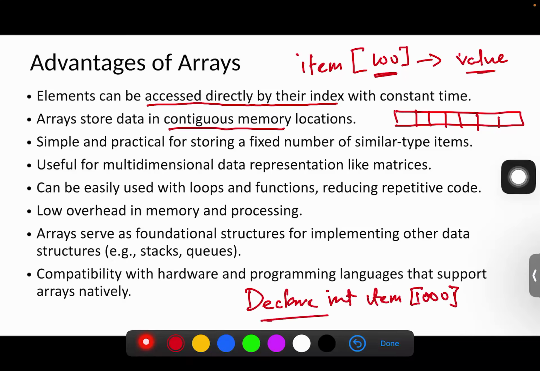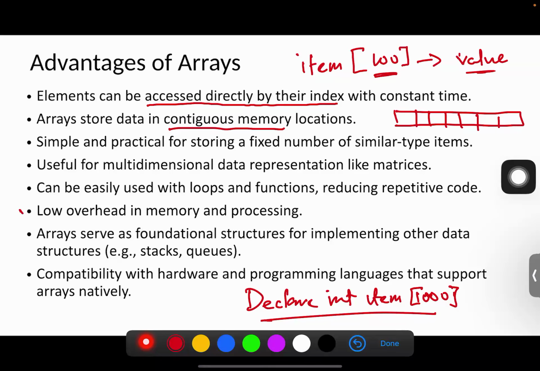This is all you need to create a 1,000 item array. But if you don't do this and you want to use variables, you have to write 1,000 lines: declare int item 1, declare int item 2, declare int item 3, declare int item 4. You see that that's a very inefficient way of doing things. You can do it like that too, but it's not the best way to do things.